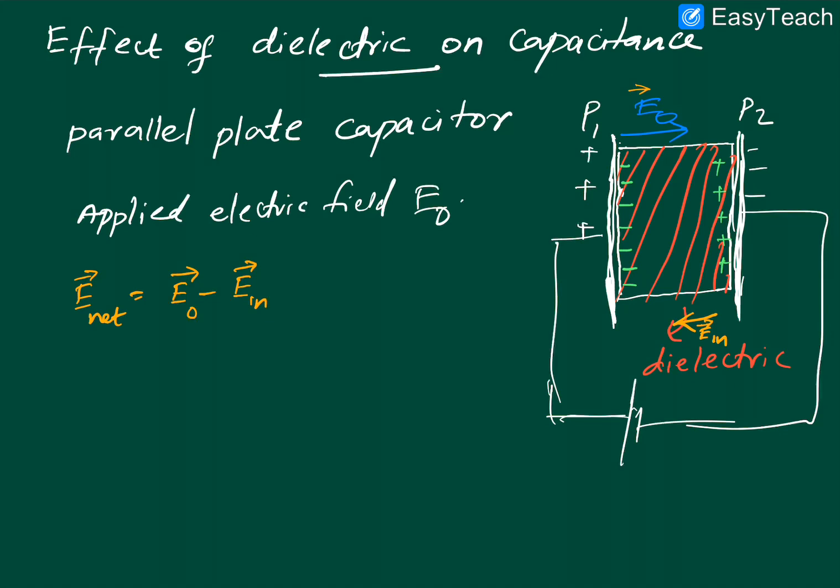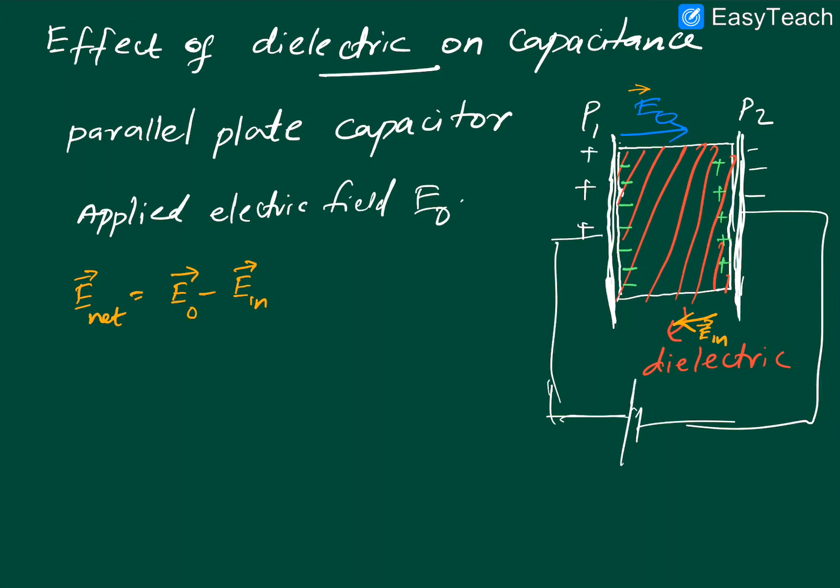Now the same situation we can represent in another way. If you are not keeping any dielectric material, then whatever field you are applying will be the field in between the plates, that means E0. If the dielectric is absent, the field between P1 and P2 will be E0.